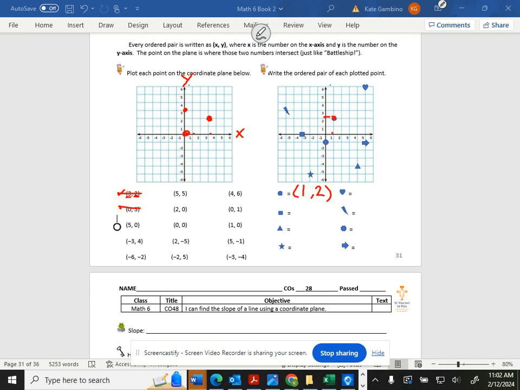Let's look at our square. I'm going to put my parentheses, my comma, and my parentheses. I need to find my x. What is the x? Now, make sure you're noticing that our numbers go with the lines, not the space.